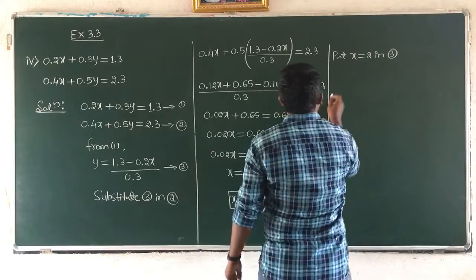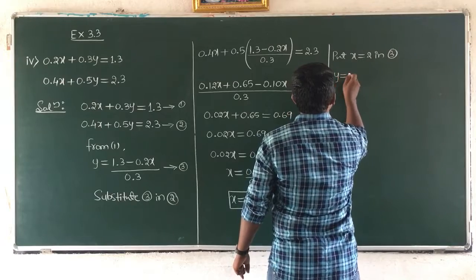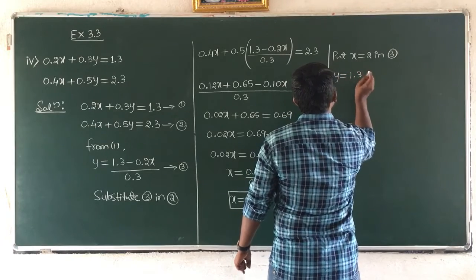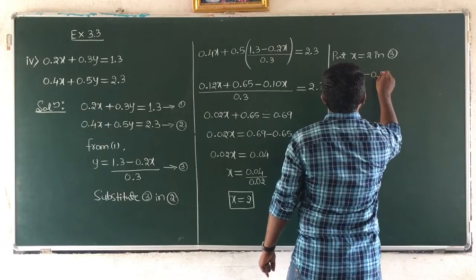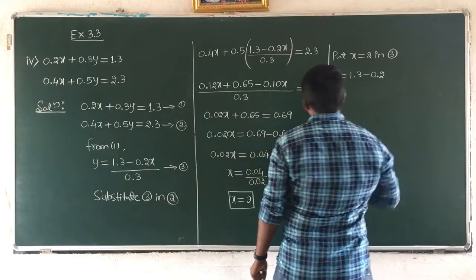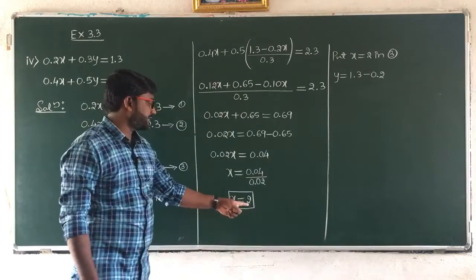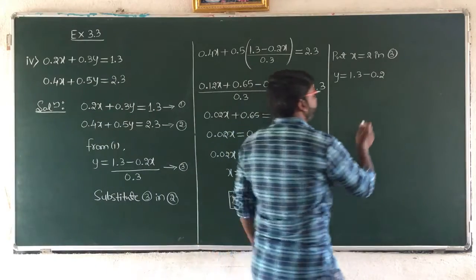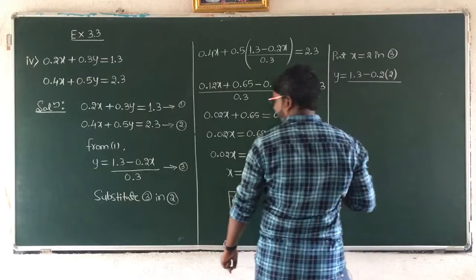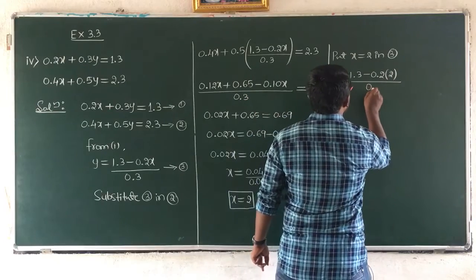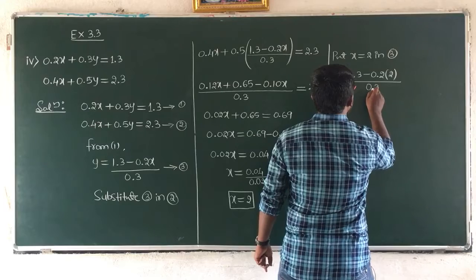So now y equals 1.3 minus 0.2 into x. In place of x, I write 2, divided by 0.3.